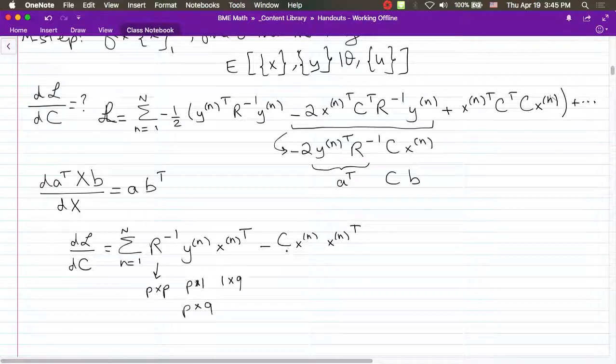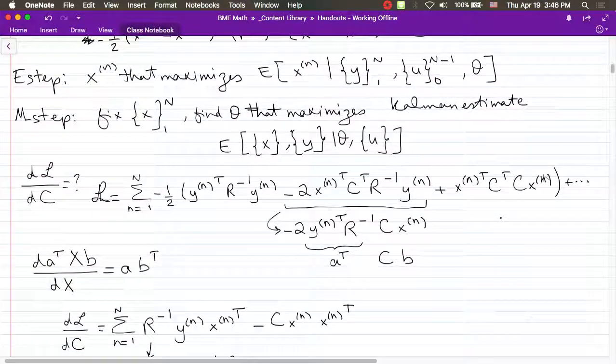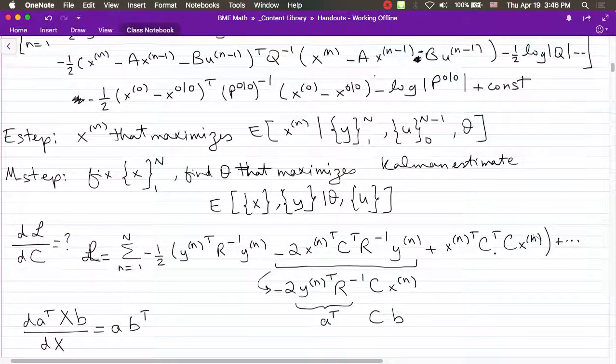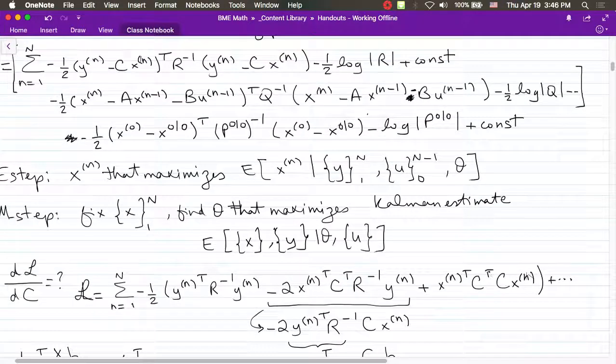And here we have C, which is oh, I forgot an R here. Yeah, sorry.